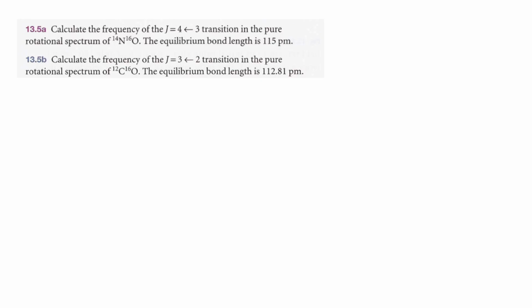This is another type of convention. In spectroscopy, we have to follow some conventions for how to write the states. So it is the J 3 to 4 transition in the pure rotational spectrum of 14N 16O.